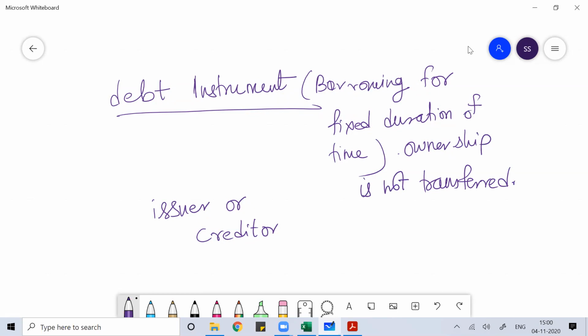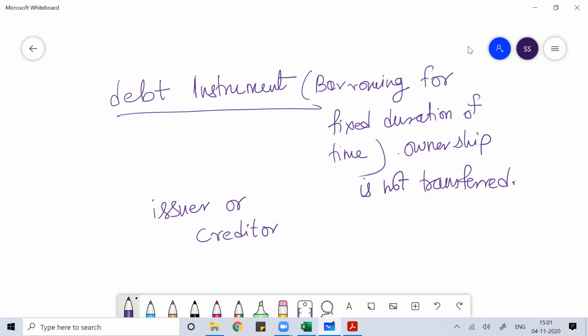Debt instruments are always issued for a definite time period. After that they mature. There are some kinds of debt instruments which are issued for an infinite time period. Those are called perpetual debt instruments.